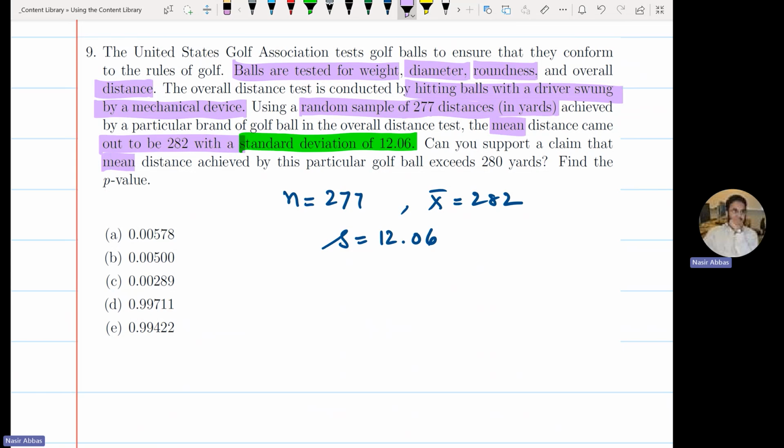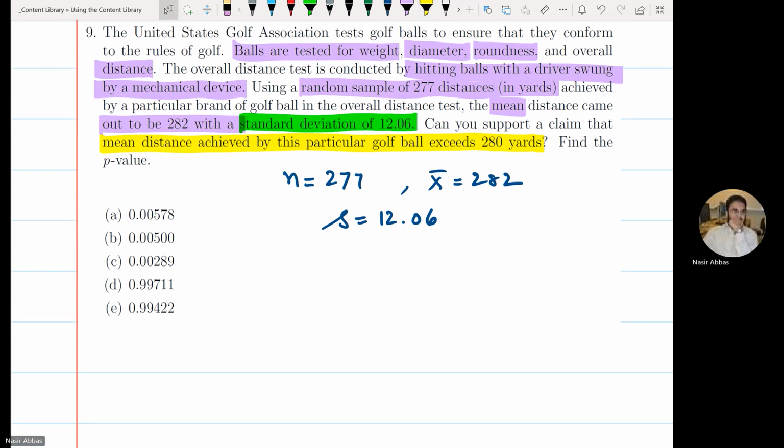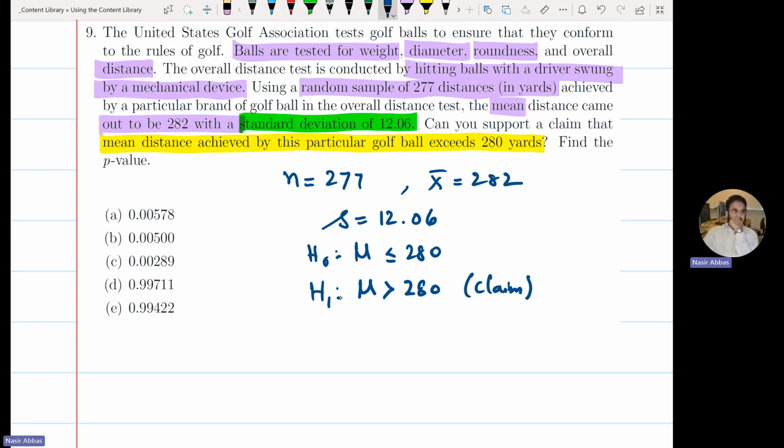Write the claim in terms of notation. This is the claim. What is the opposite? This is H0. This is H1.